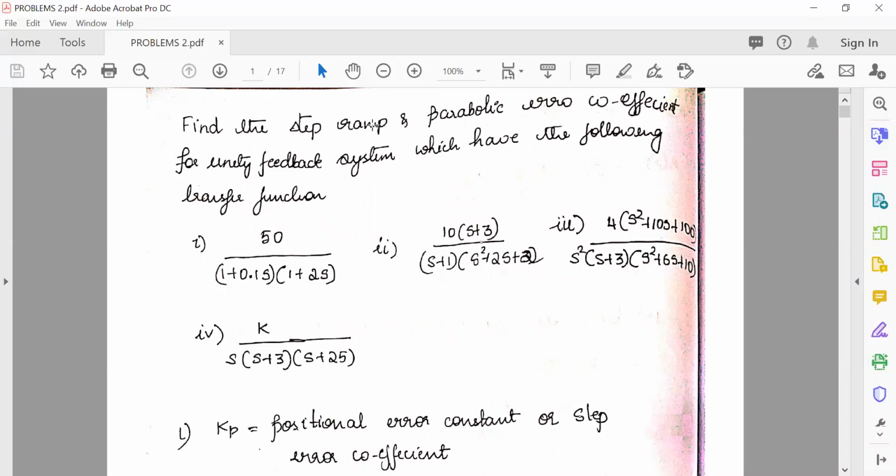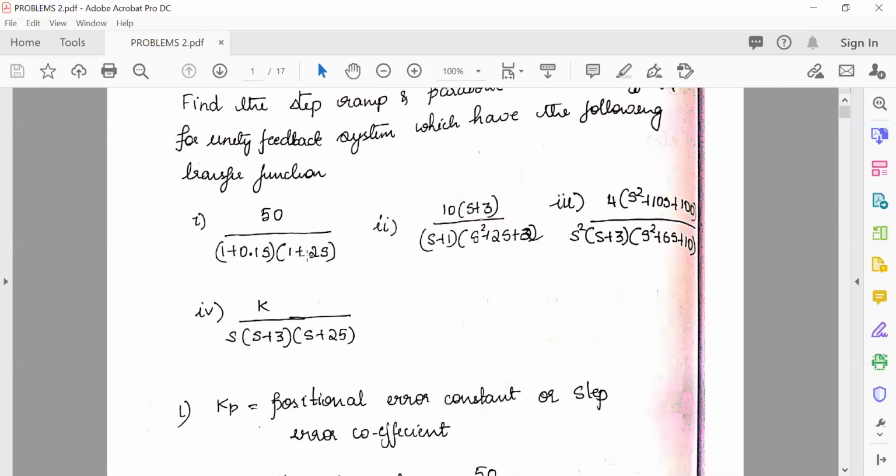Ramp here refers to the velocity error coefficient or velocity error constant, and parabolic will be the acceleration error coefficient or the acceleration error constant. So these are the alternate names for the positional, velocity and acceleration error coefficients, respectively.